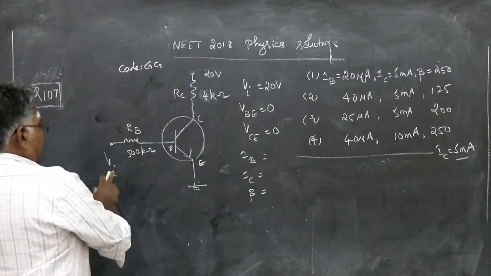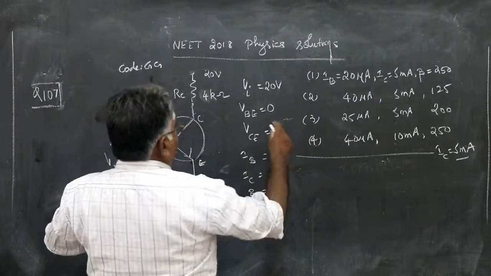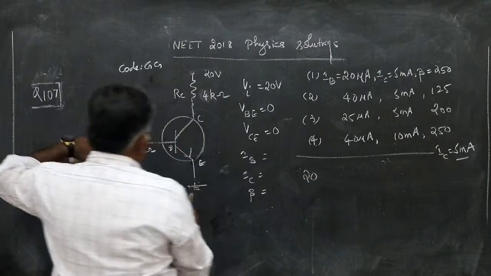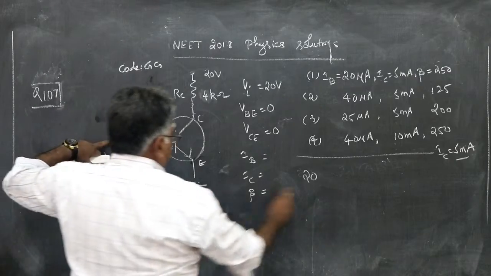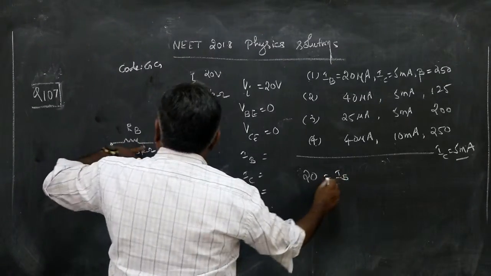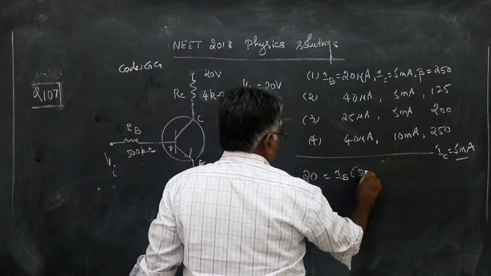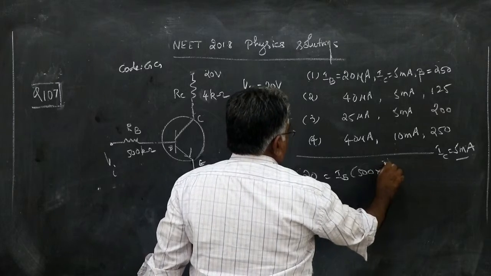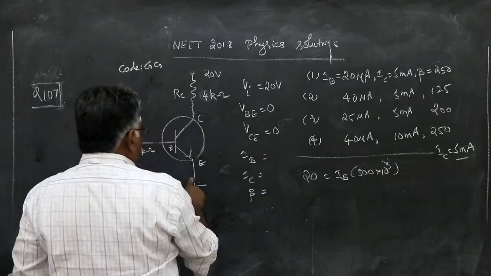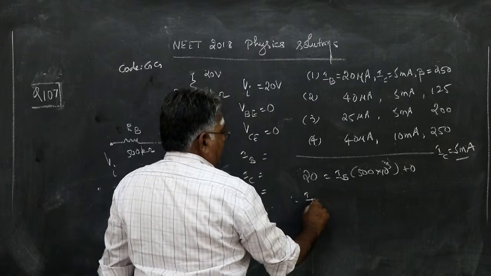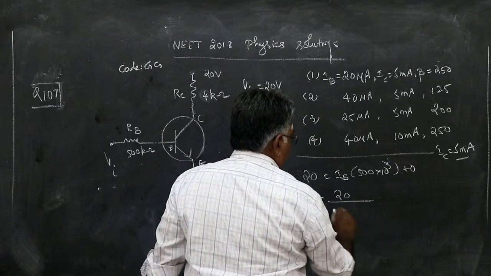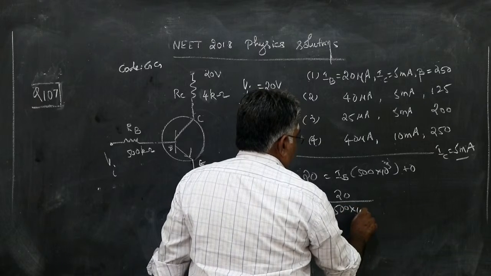IB means input voltage, which is given to be 20, equal to, again apply KVL, IB RB. IB into RB is 500 kilo ohm plus VBE, VBE 0. Therefore, IB is equal to 20 by 500 into 10 power 3.